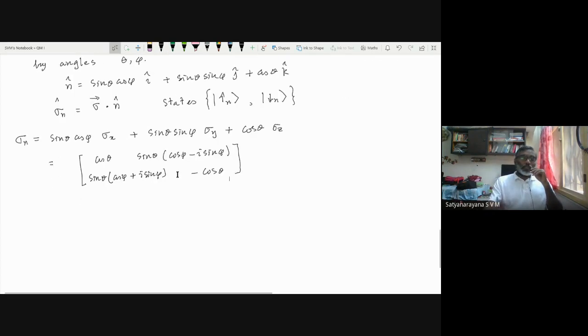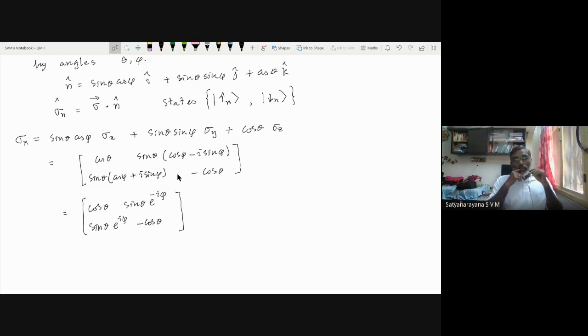I could have written this as: cos theta, sine theta into e to the minus i phi, sine theta into e to the i phi, minus cos theta. So this is the equation.